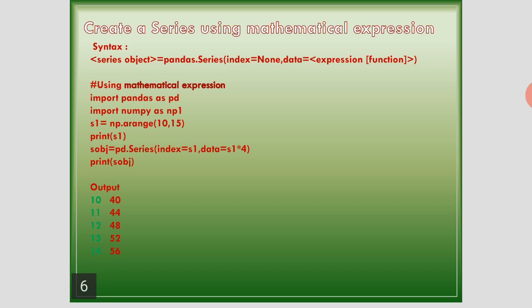sobj is equal to pd.Series, index is s1, data is s1 multiplied by 4.